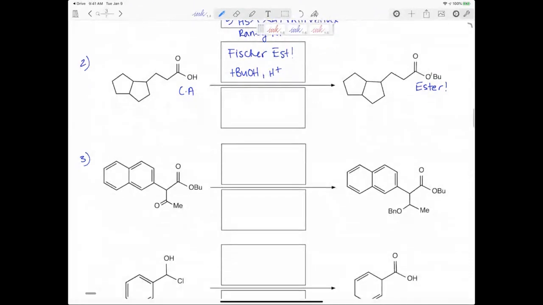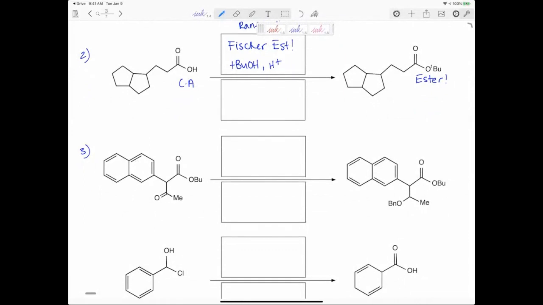Okay, Fischer esterification, and that means you're just going to use your R group as an alcohol with an acid, right? And then the bottom one, what are you dealing with? This is an ether, right? Can I use lithium aluminum hydride here as well? Can I do that?